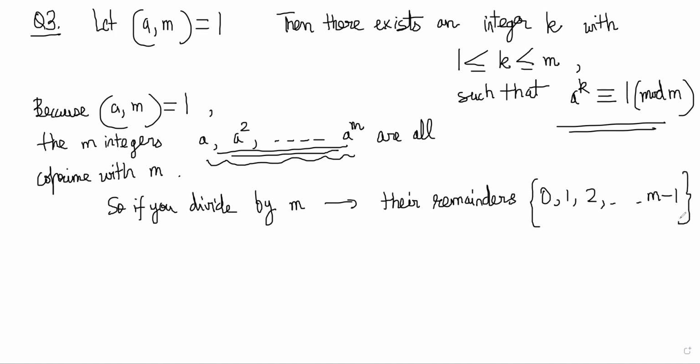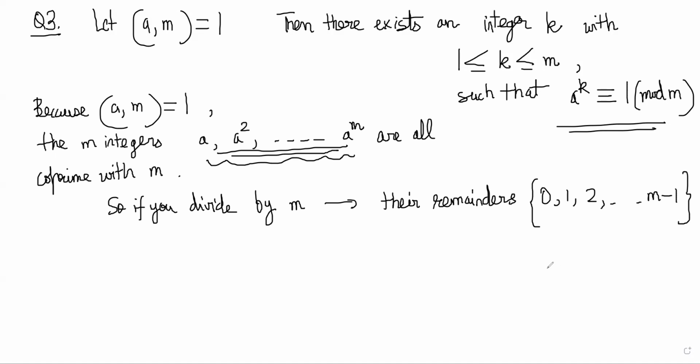If you take any m integers which are all co-prime with m, then those m integers will definitely form a complete residue system with m, right? Why? For example, let's take three integers which are co-prime with 3.